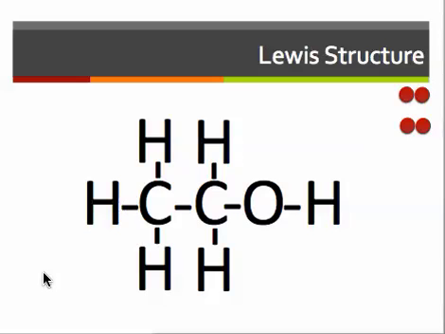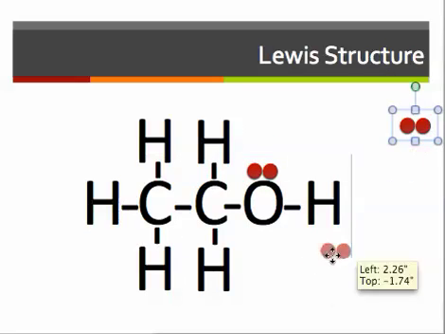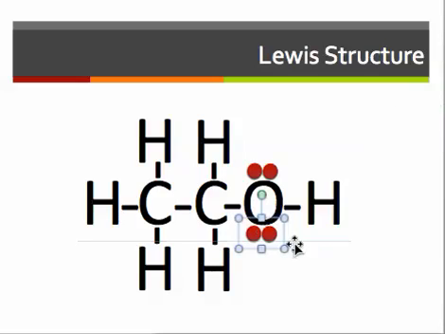What some people will do in a Lewis structure is also go ahead and add the lone pair electrons as dots. So this is sometimes done, this is sometimes not done. You'll even see that sometimes I'll draw in the dots and sometimes I won't. There's no one specific rule for Lewis structures.